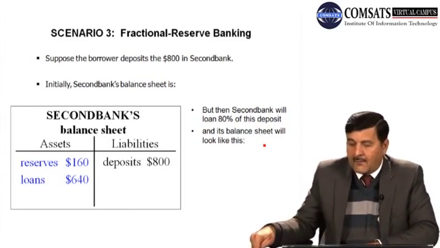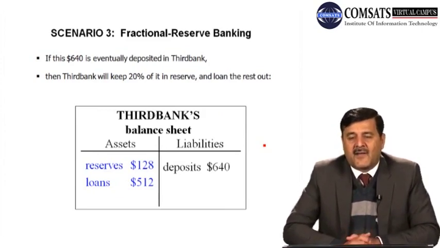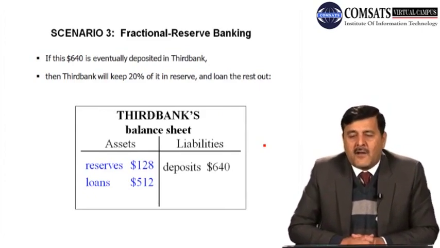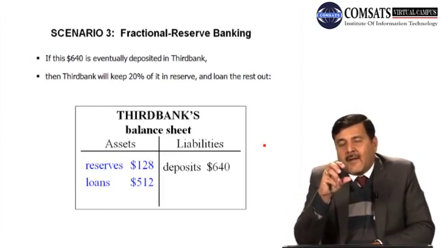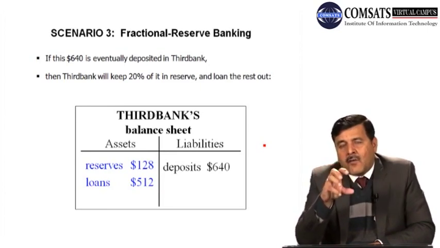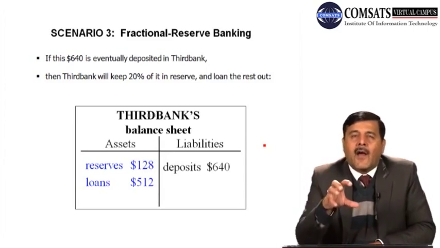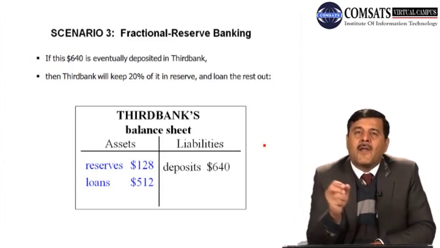Now we'll continue with the same scenario and extend this fractional reserve banking system further. If this $640 is eventually deposited in a third bank. Now what we said is that the borrower in the second bank deposited 800 dollars. What did the second bank do, because we are discussing the fractional reserve banking system?